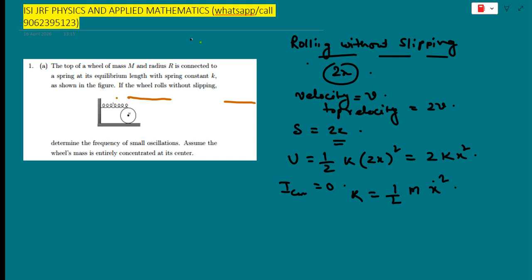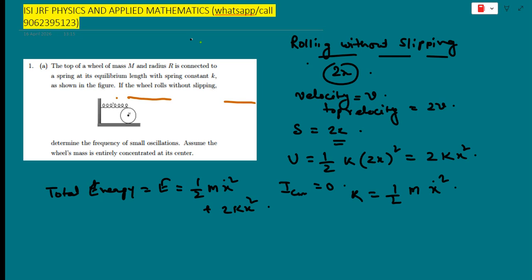If it were a solid disk, we would add half I omega square, but the problem gave us a cheat code by concentrating the mass at the center. So the total energy E equals half m x dot square plus 2k x square.